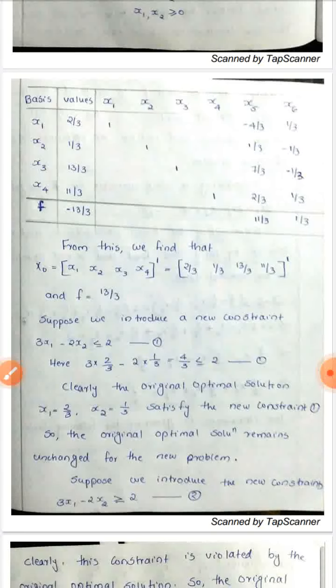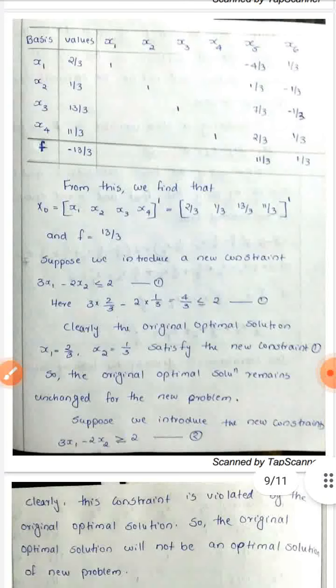Suppose we introduce a new constraint. Our new constraint is 3x1 minus 2x2 less than or equal to 2. This gives equation 1. Here, substitute the values of x1 and x2 into this constraint. Here x1 equal to 2 by 3 and x2 equal to 1 by 3.